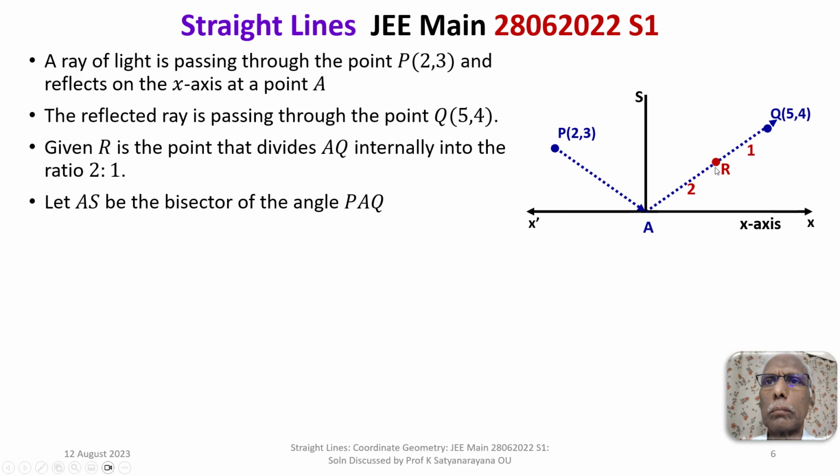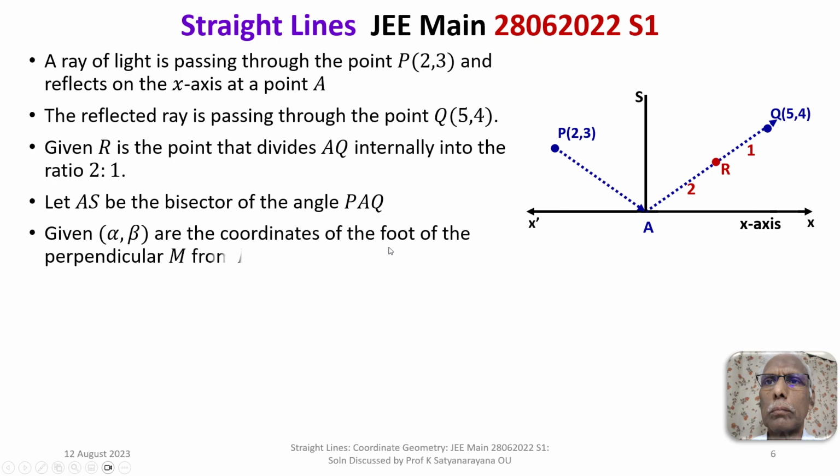Now a perpendicular is drawn from R on AS, and that perpendicular meets AS at the point M with coordinates (alpha, beta). So alpha, beta are the coordinates of the foot of the perpendicular M drawn from R on AS.